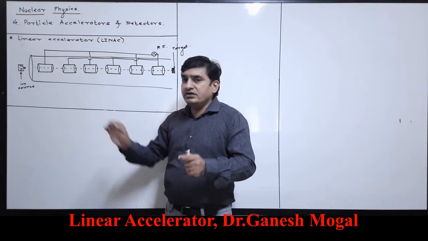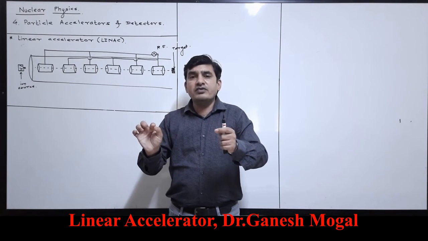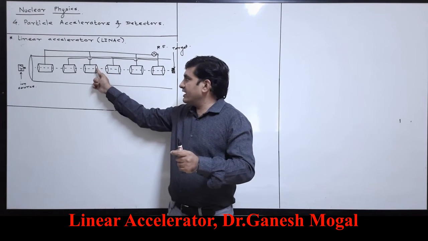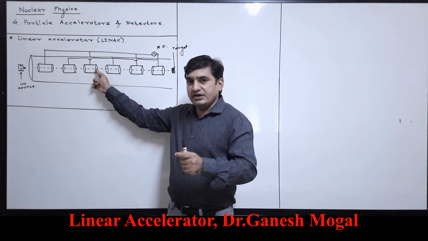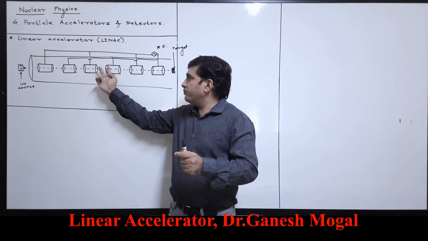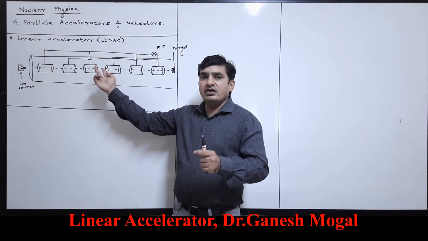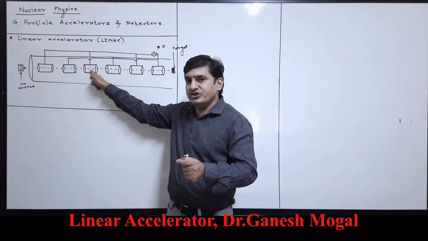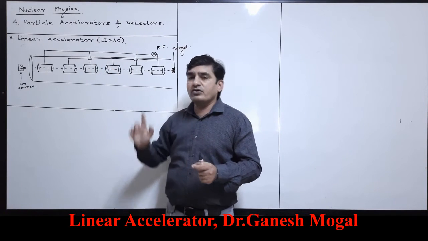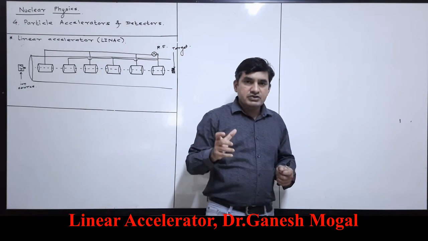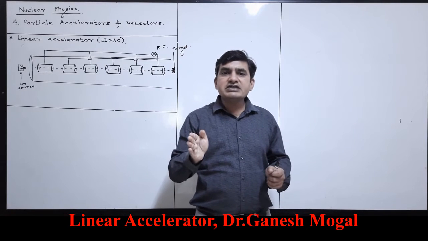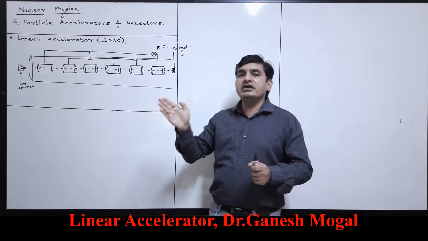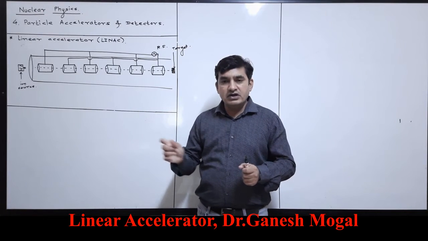Now, the charged particle travels with constant velocity in the third cylinder. When it covers the length of the cylinder, at the end of the cylinder the potential is reversed. That is, the third electrode becomes positive and the fourth electrode becomes negative, so the charged particle is accelerated and enters the fourth electrode.